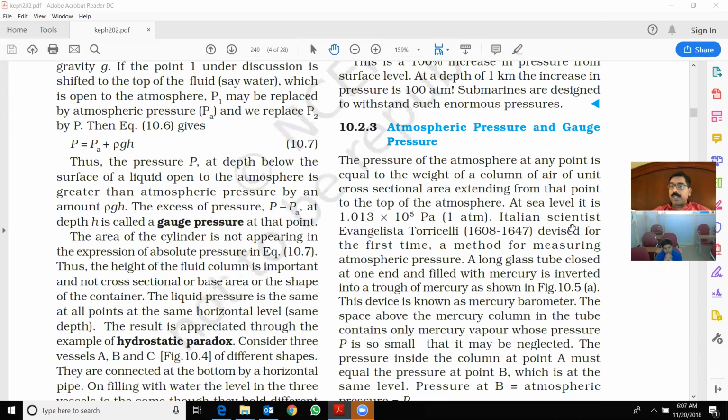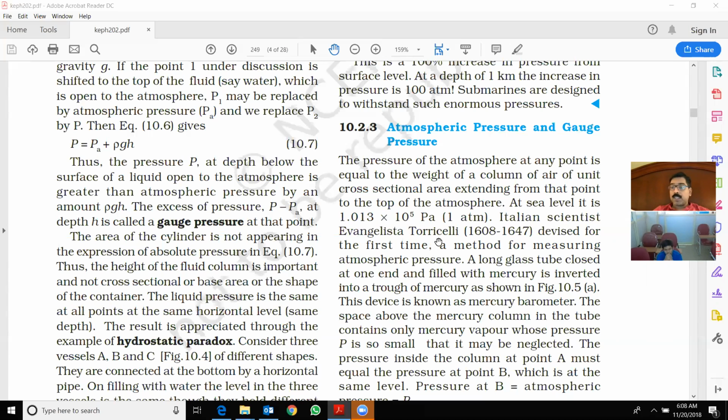Okay, so somebody created a device to calculate the fluid pressure, and the person who created the device was named Evangelista Torricelli. Why am I bringing this name?